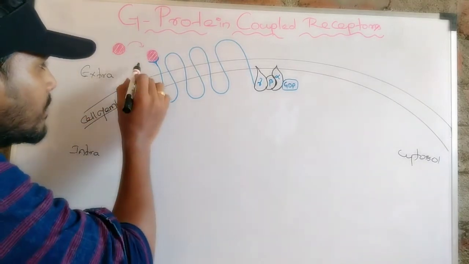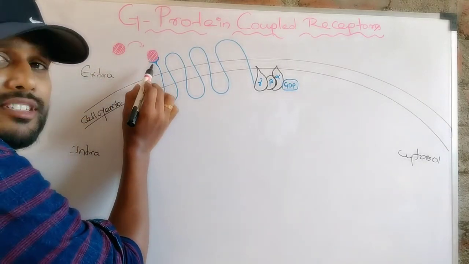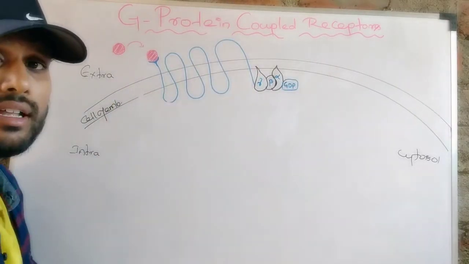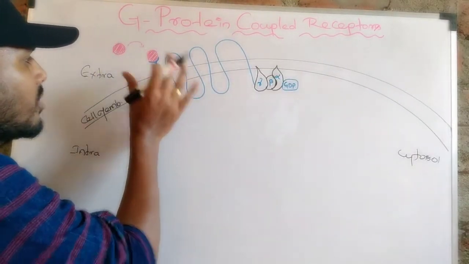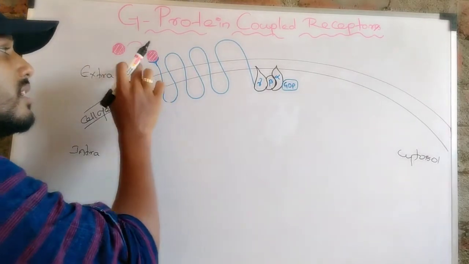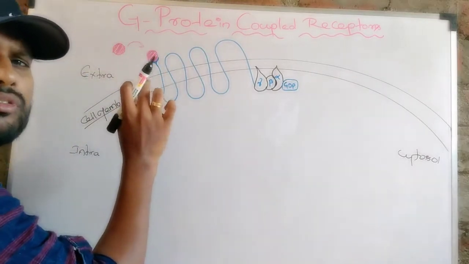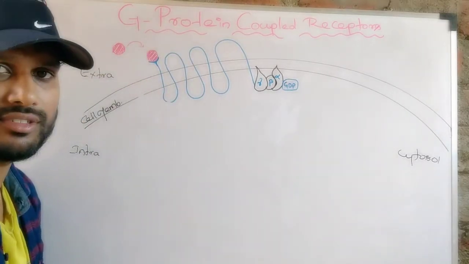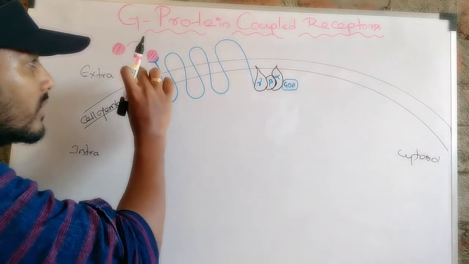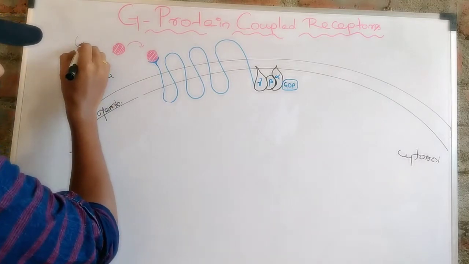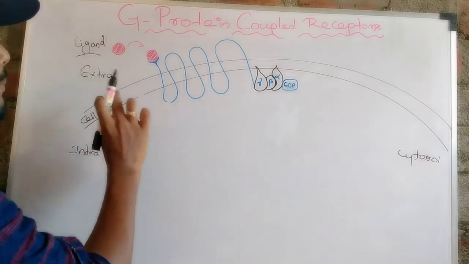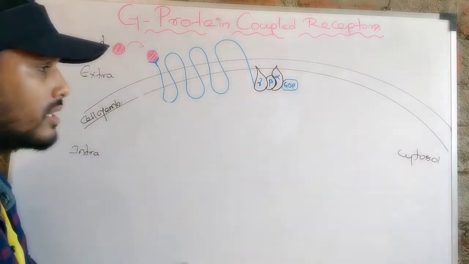After this binding, it gives a first messenger, that is, it gives a signal to these receptors. The first message comes from outside of the cell. That's why all ligand molecules, or the drugs you take, are first messengers. This ligand binds to the particular G protein coupled receptor.